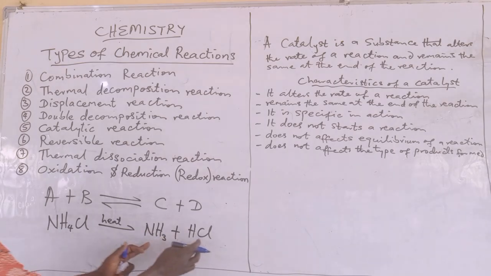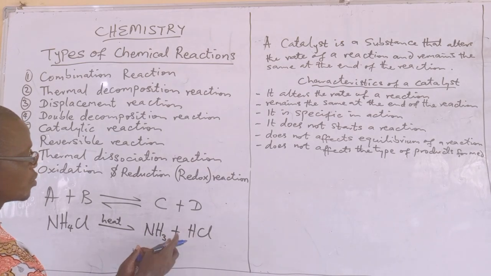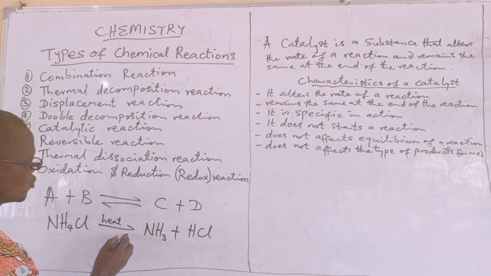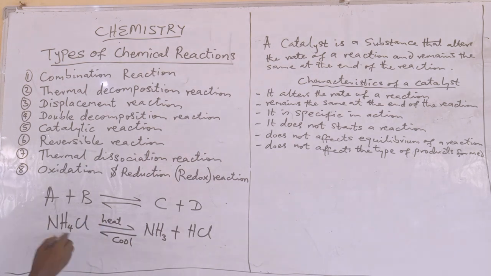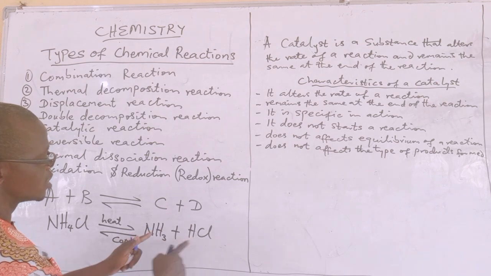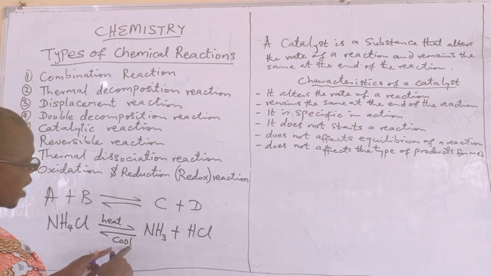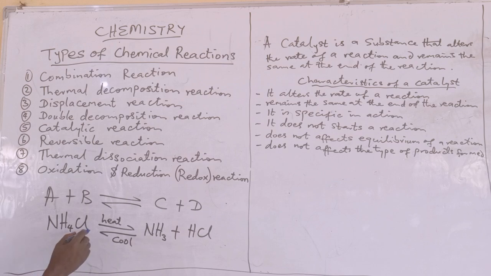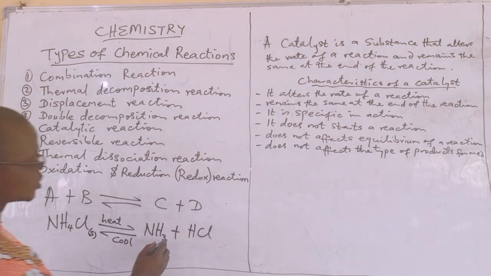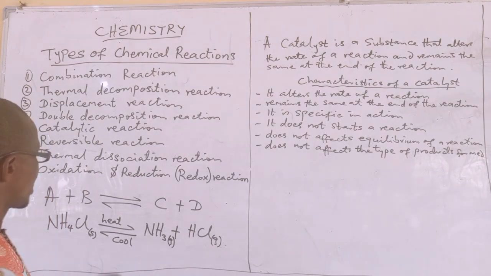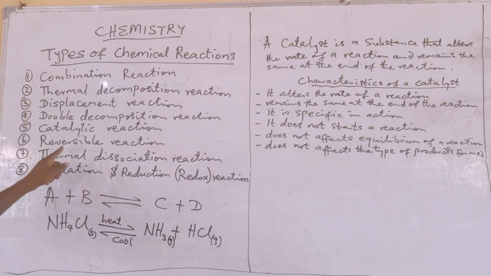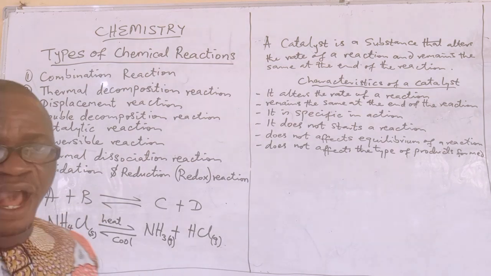Now, both of them are gases, when you allow both of them to be together and you cool their temperature, they will come back together to form this. So this will decompose by heat to form this, and this will recombine by cooling to form this. This is solid, this is a gas, and this is a gas. So that is what? Reversible reaction.